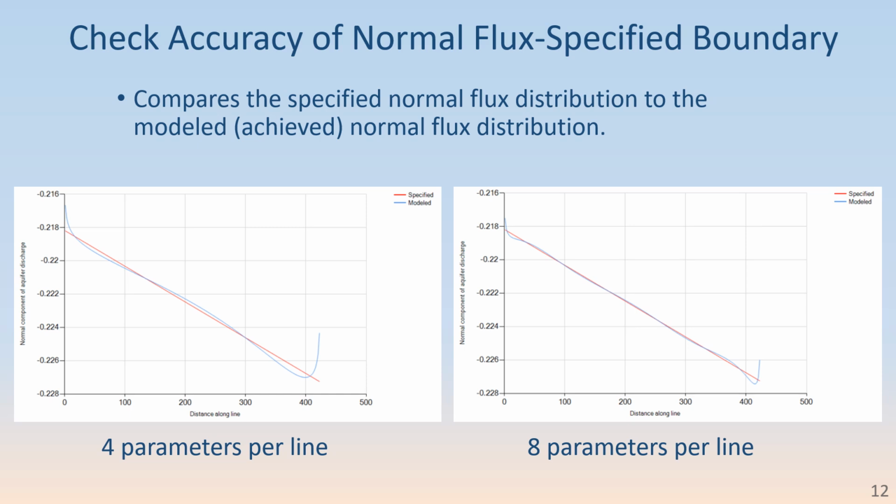When you check the accuracy of a normal flux specified boundary condition, you get plots like these for each line segment, or for one line segment, let's say. In this plot, we've got a model with 4 parameters per line for this boundary. And again, the normal discharge is being met perfectly over 4 sub-intervals here.